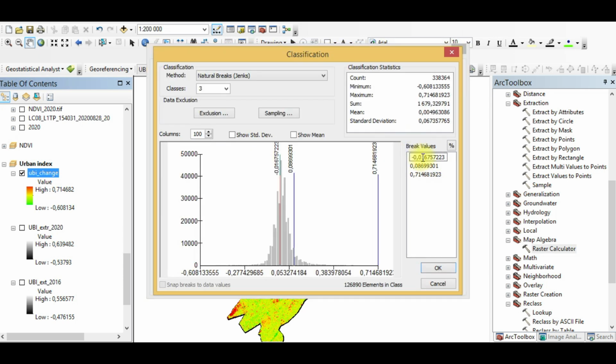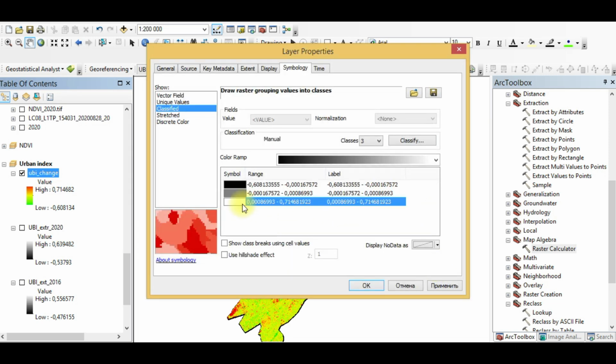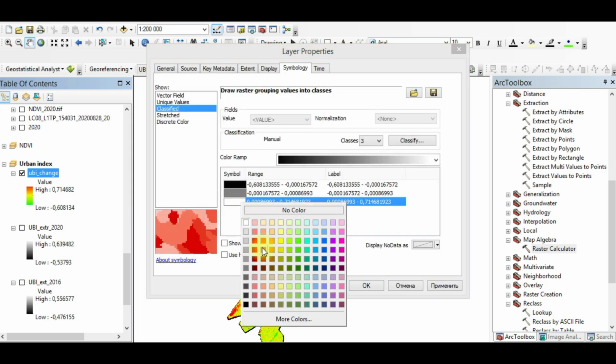So this value should be close to 0. So this is negative values, this value is almost 0, and this is the positive values above 0. So I can delete one 0 here. So this is a surplus of urbanization, right?